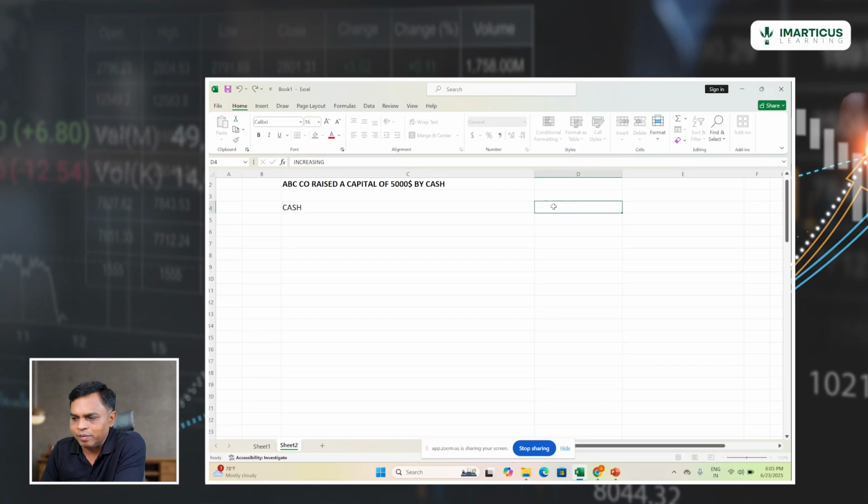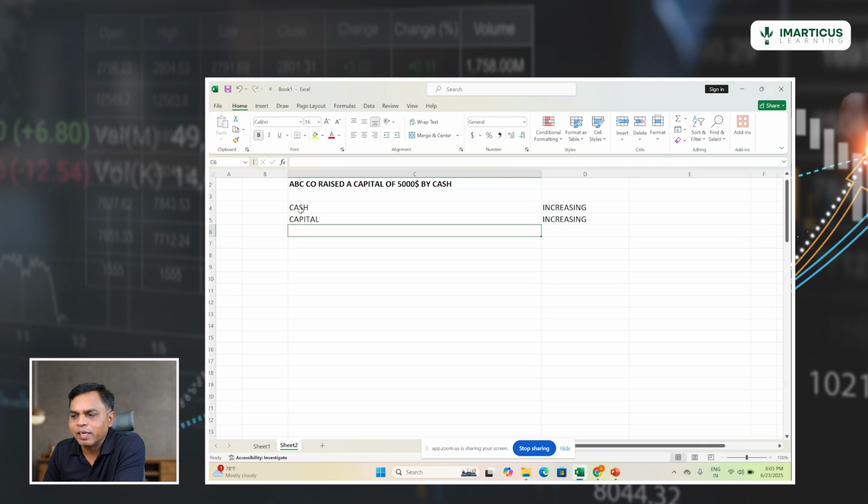Then when the company raises cash, it is done by issuing capital or by issuing shares. So in this one, the capital also is increasing. Now if you see what type of account this cash and capital is, there are three accounts: personal account, real account and nominal account.